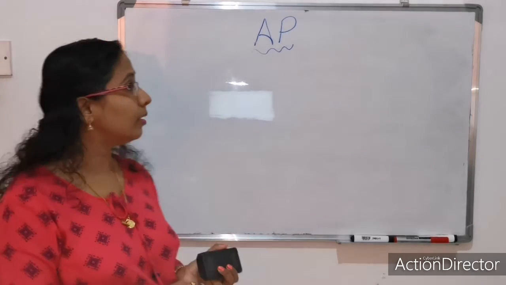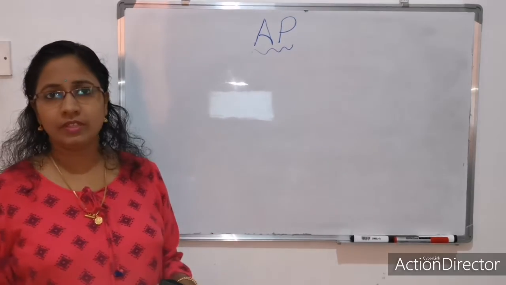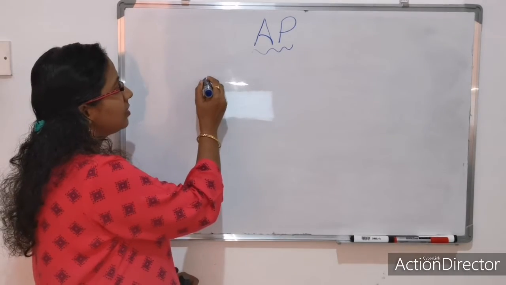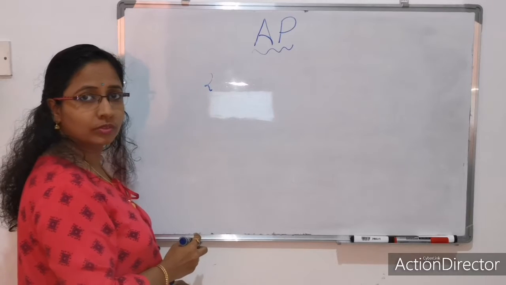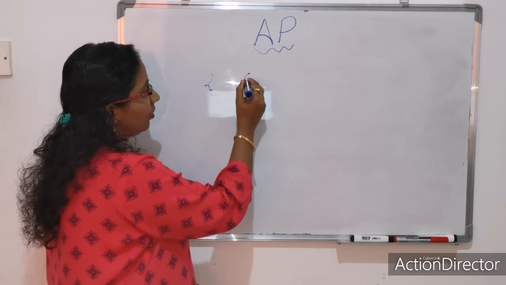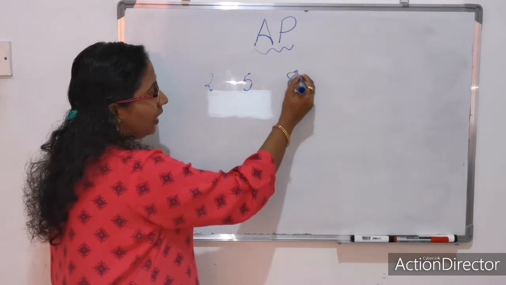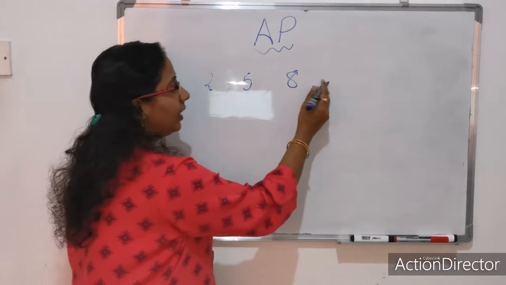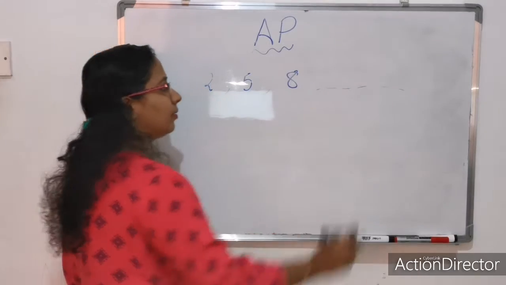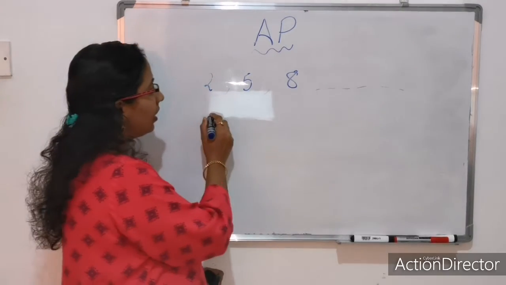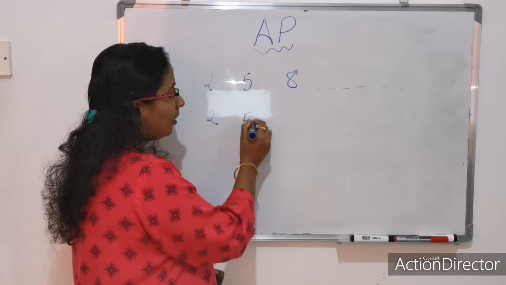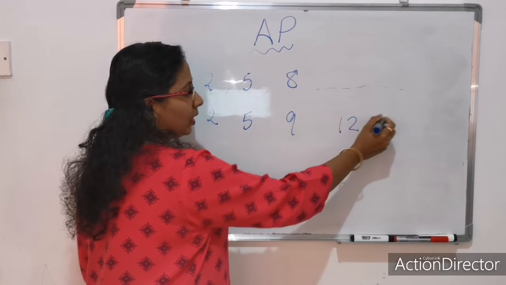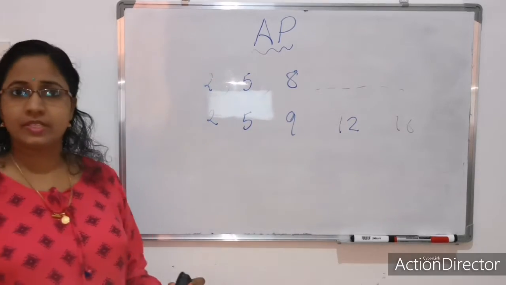What is AP? Suppose we have a few numbers such as 2, 5, 8, and you can have this many. Then I have something like 2, 5, 9, 12, 16 and so on.